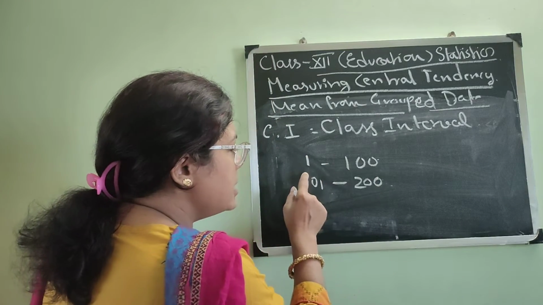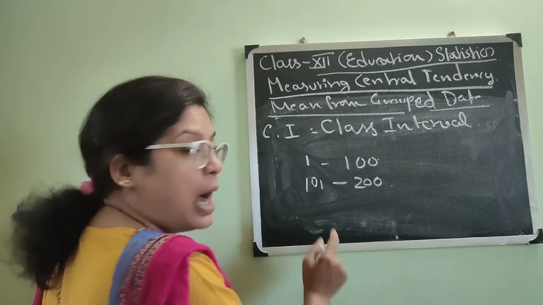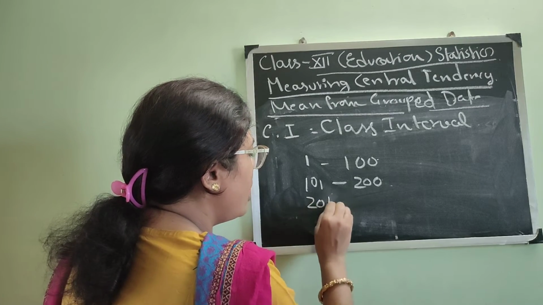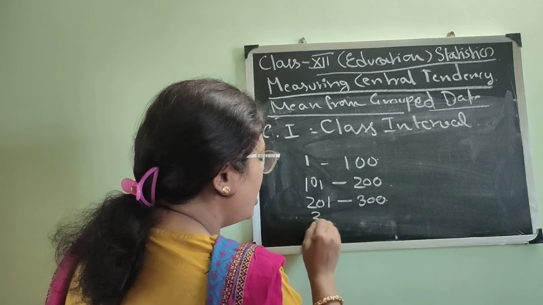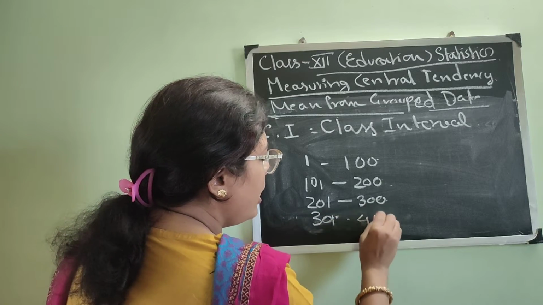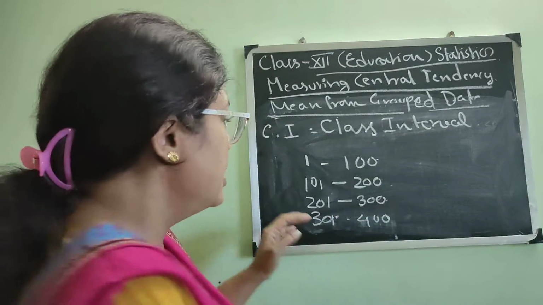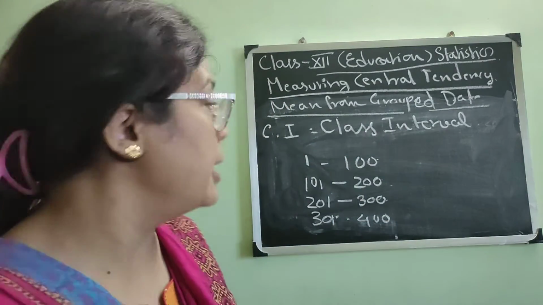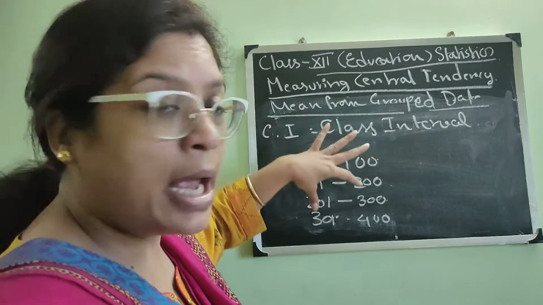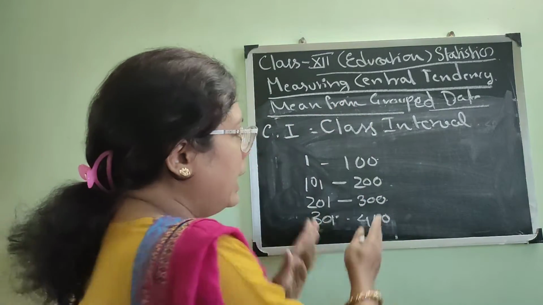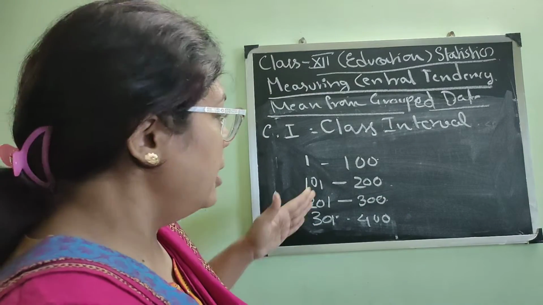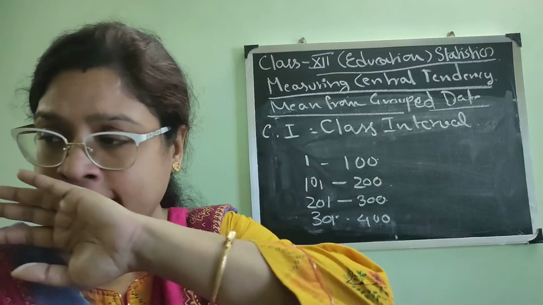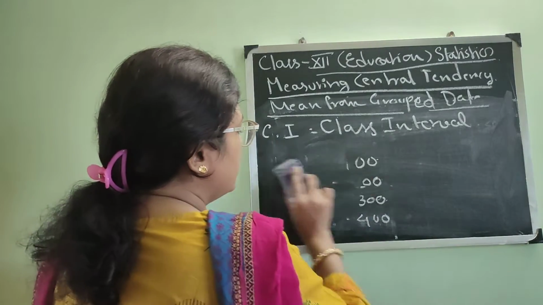Because I am categorizing 1 to 100 in a single group, again 101 to 200, 201 to 300, 301 to 400, and slowly you will see that the groups formed reduce to 10, as you have already learned. So when I am grouping a given data, I call it a class interval. So this is class interval.